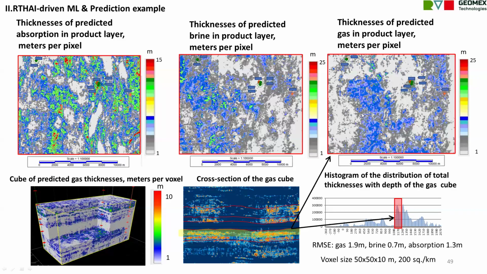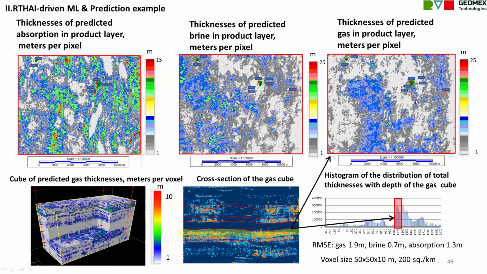From wells we can measure how much, in meters, in this voxel, how much absorption in the well, and after that we use this information for learning with our attributes and predict absorption in each voxel on this cube.